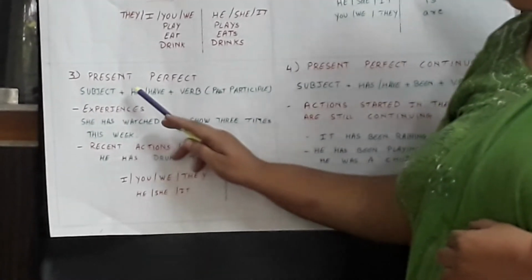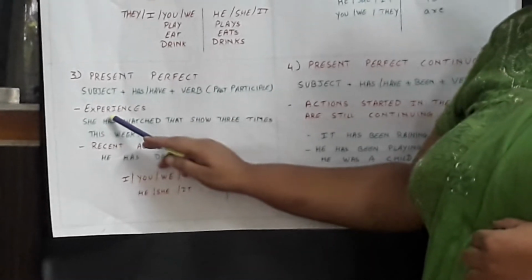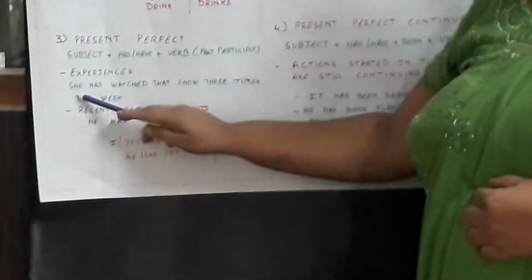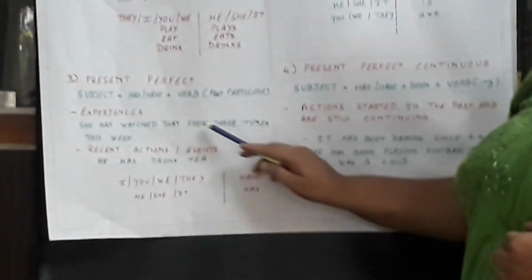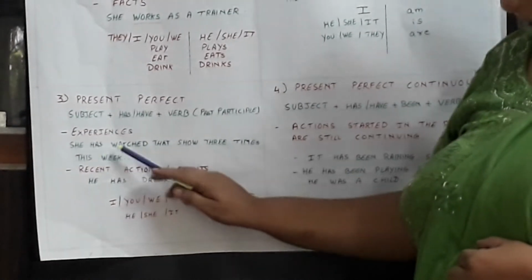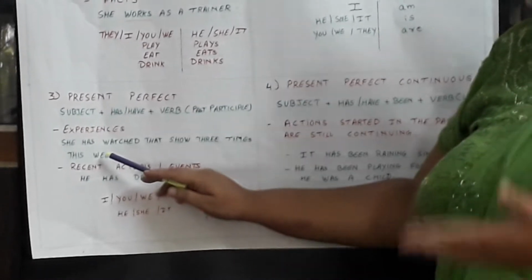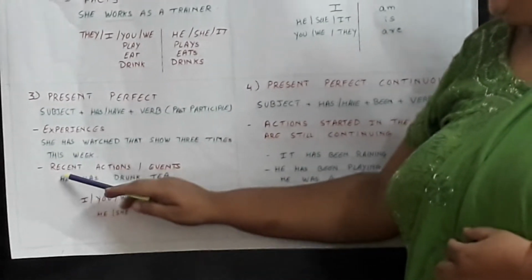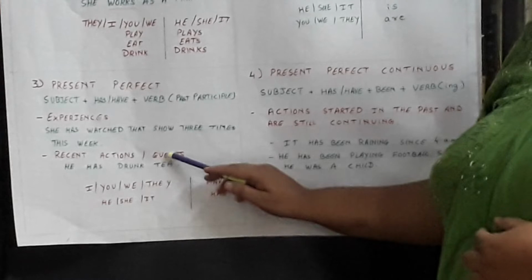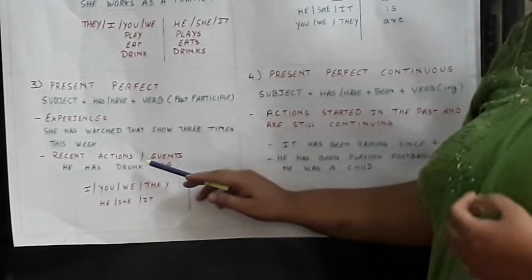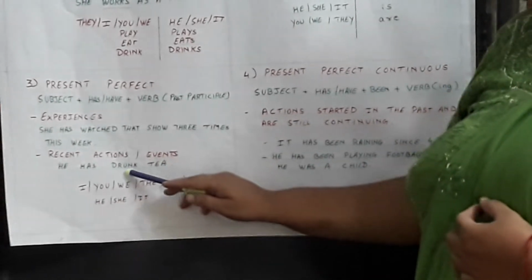Now, when do we use present perfect? When we are talking about our experiences. She has watched that show 3 times this week. The action is already over, but then we are talking about it in the present form. Next is recent actions or events, something that has happened very recently. He has drunk tea.